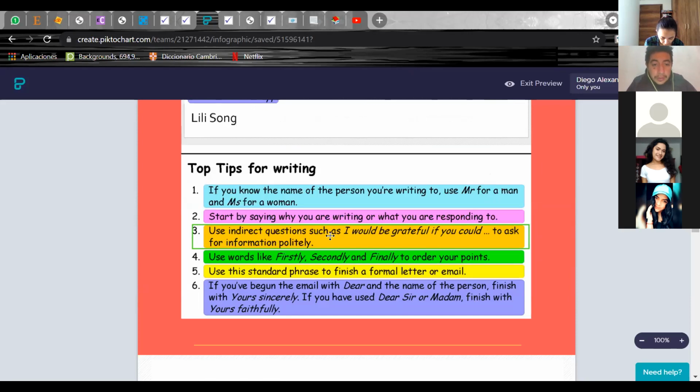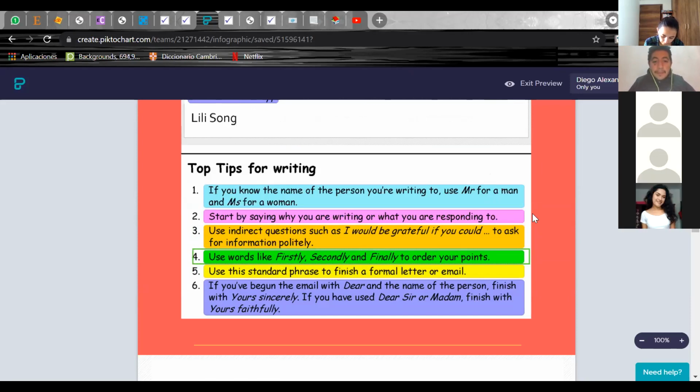So now let's read number four. In this case, can you help me reading Stefano, please? Use words like firstly, secondly, and finally to order your points. Okay, thank you, Stefano. So in this case, it says that maybe if we have different points to talk about in this email, we need to add these words like firstly, secondly, and finally.